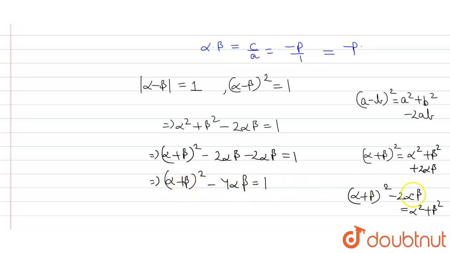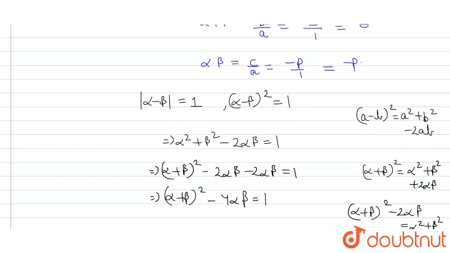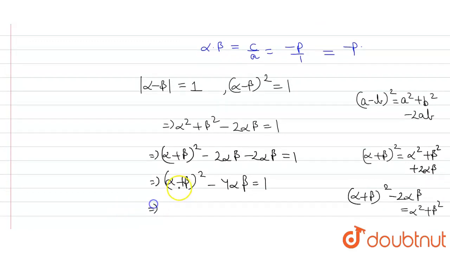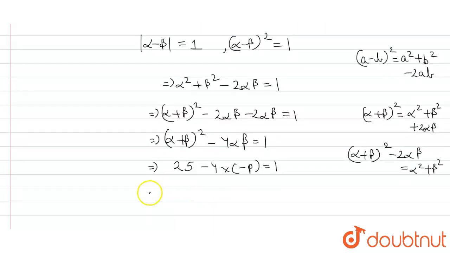Now value of alpha plus beta we have calculated above, that is minus 5. So minus 5 square is 25 minus 4 into value of alpha beta is minus p equal to 1. Now 25 plus 4p equal to 1.